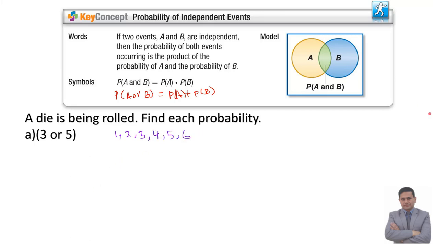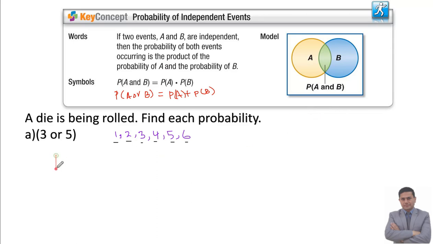There are 6 total numbers on the die. So the total number of outcomes is 6. However, we are targeting two numbers, 3 or 5. I told you OR means addition and AND means multiplication. So I will find both the probabilities and add them.